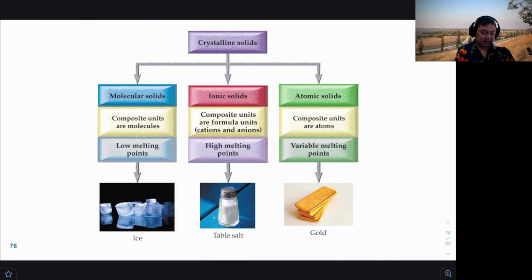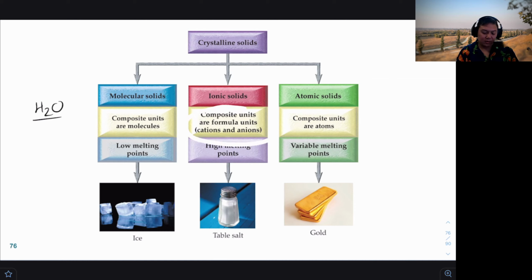And the key for telling them apart is this center section. In molecular solids, the composite units are all molecules. So something like H2O, right? Ice is made up of individual H2O molecules.